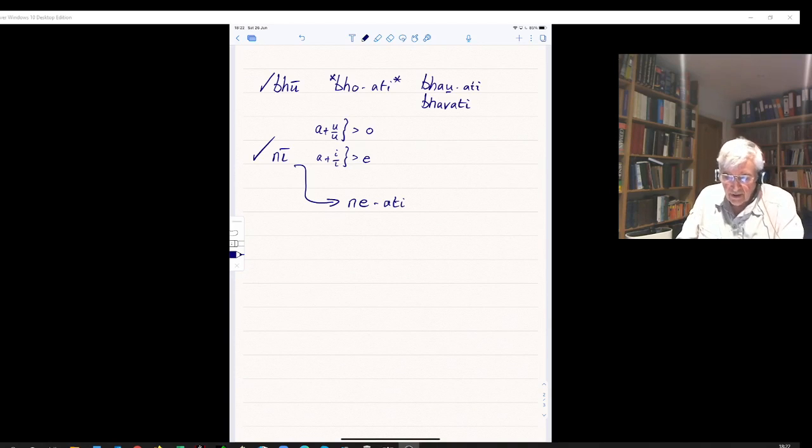But just as you cannot have bho-ati, it becomes bhavati, by exactly the same process, ne-ati becomes the correct form nayati.